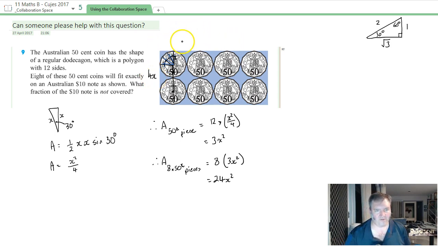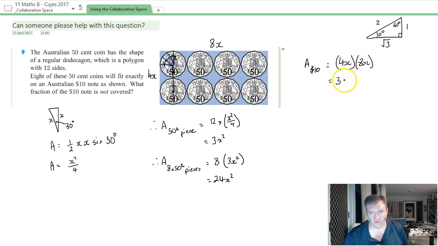If I go across, I've got 2x, 4x, 6x, 8x as the width. Okay, so the area of a $10 note, well, it's 4x multiplied by 8x, which is 32x squared.